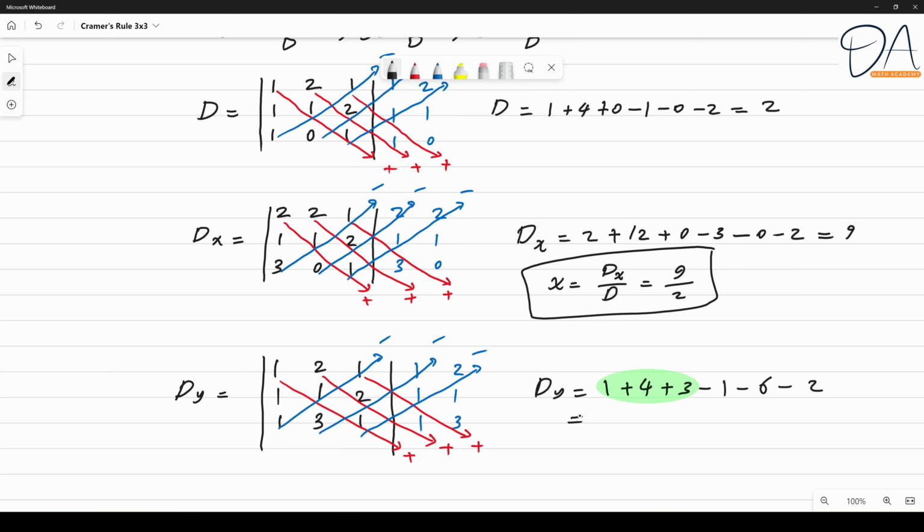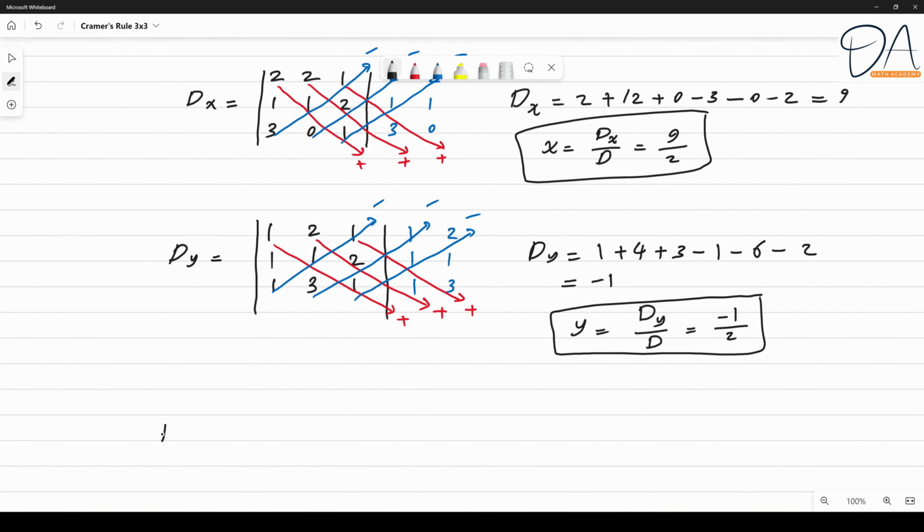So 1 plus 4 plus 3 gives us 8, minus 1, 7, minus 6, 1, minus 2 gives us minus 1. And so y is simply dy over d. dy we just computed as minus 1, and we computed d before, which is 2. So this is the value of y.